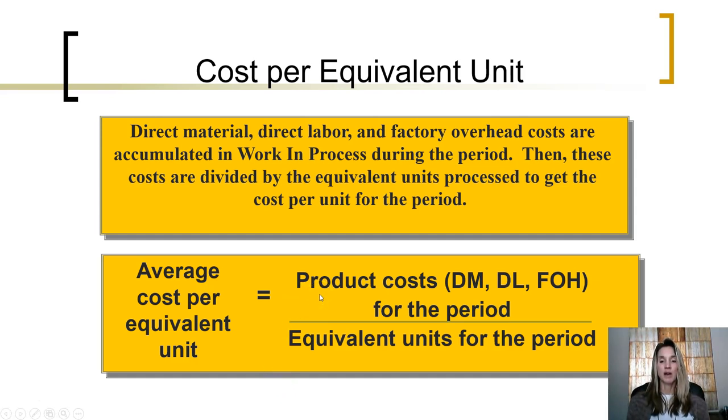So total product costs recorded in goods in process or work in process, which are the direct materials, the direct labor, and the applied overhead, and divide that by the number of equivalent units for the period. That will give us the average cost per equivalent unit, and that will be used to assign costs to completed inventory for transferring to finished goods.